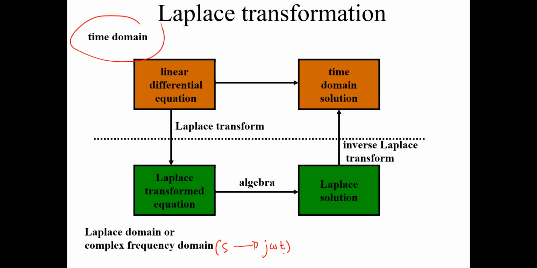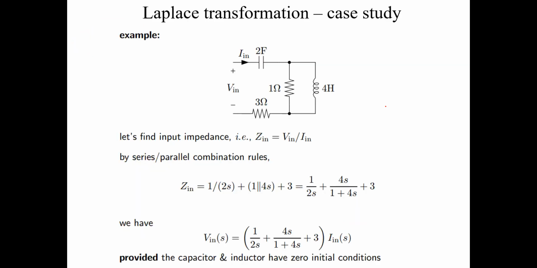So this is the complex frequency domain. And then we solve the problem in the S domain, in the complex frequency domain, using algebra, and then we have a Laplace solution here, and then we inverse back to the time domain solution. So this is the way of thinking about the Laplace transform.